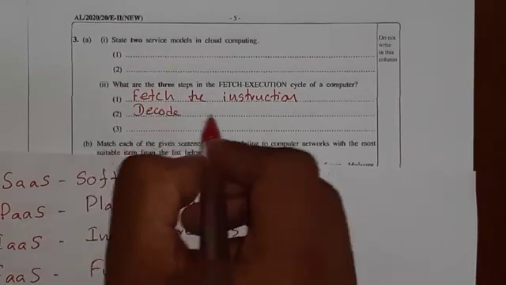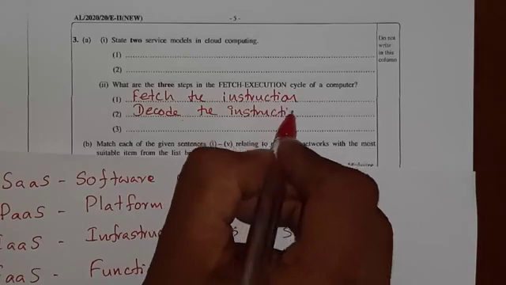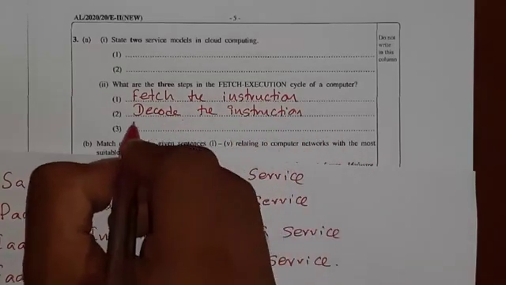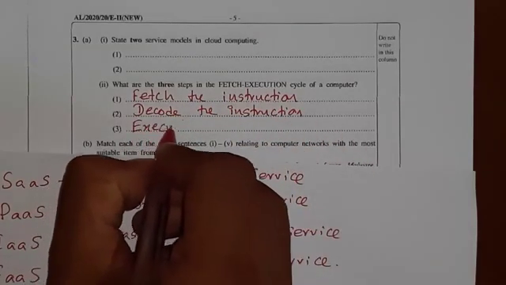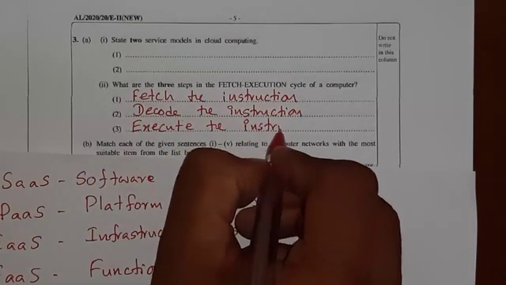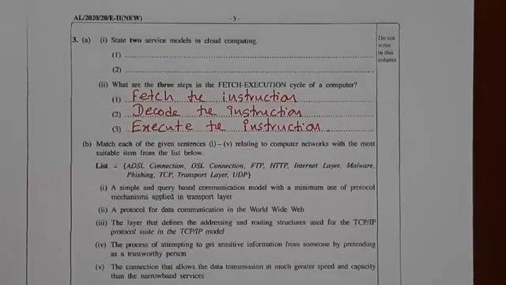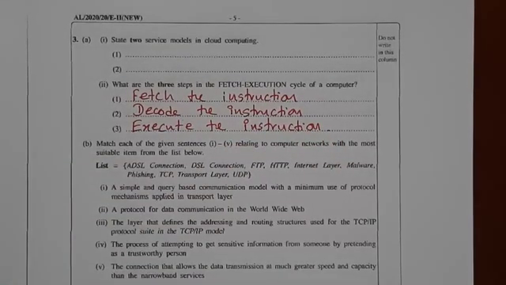Fetch the instruction, decode the instruction, execute the instruction. Fetch, decode, execute cycle. These are the three steps which can be used in the fetch-execute cycle. It's very easy.